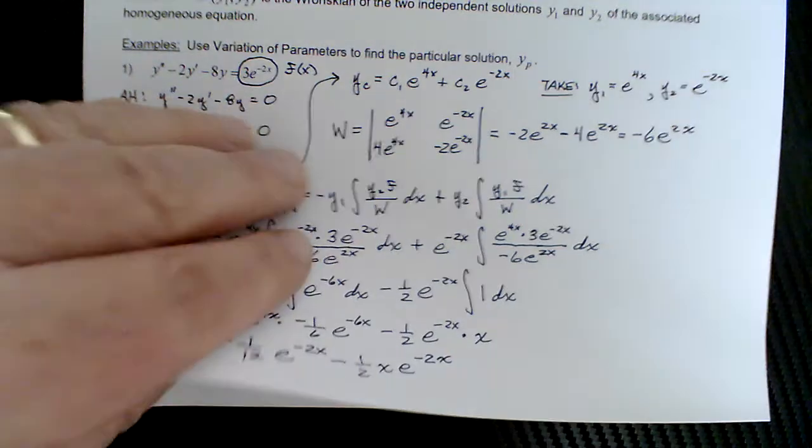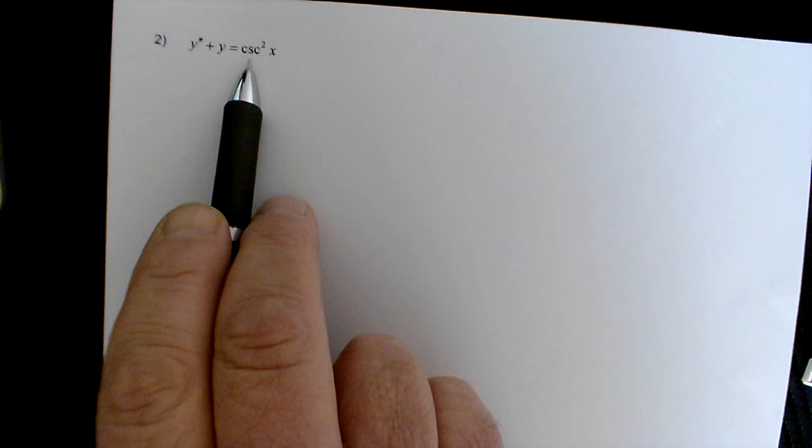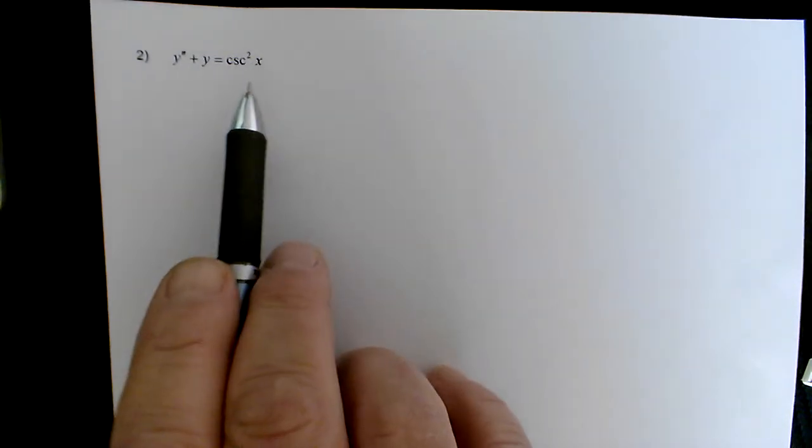Your example is going to be more like this example here, where variation of parameters is necessary because you have a function that does not have a finite number of linearly independent derivatives, such as, like I talked about in the last example, I mentioned tangent in the beginning of the discussion, but now it's cosecant squared. So this is where method of undetermined coefficients would fail, and we would definitely need variation of parameters.